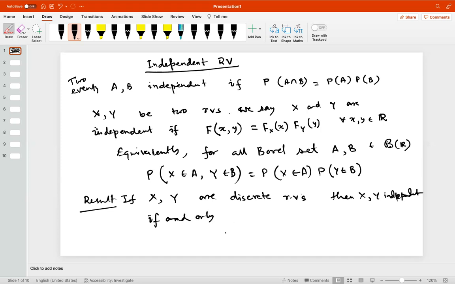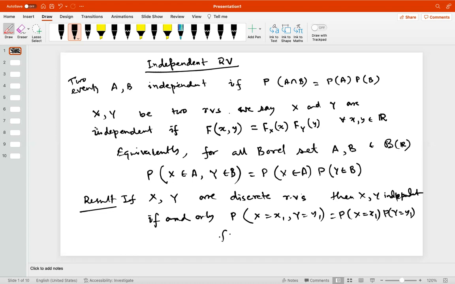this is a theorem, the probability of X equal to x1 and Y equal to y1, for a single value, where A is a singleton set, is just the probability of X equal to x1 times the probability of Y equal to y1. So it is just the product of the probability mass functions.